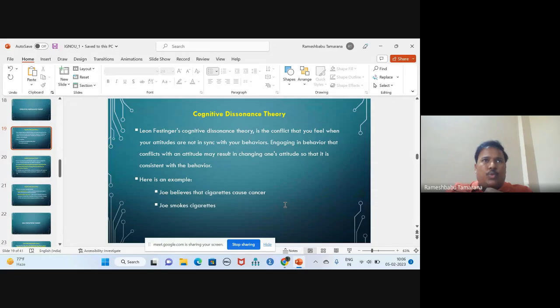So either I stop smoking and have a strong belief that it causes cancer, or because I might enjoy smoking, I just avoid the information that cigarettes are injurious to health. Either way, you reduce your dissonance, because the greater the dissonance, the greater the problem an individual might face.